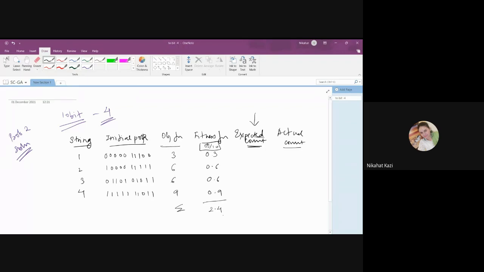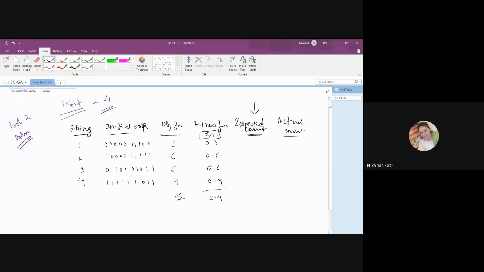Then you compute the average fitness, F bar. F bar is 2.4 divided by 4, which is 0.6. Now using this average fitness, we can compute the expected count.